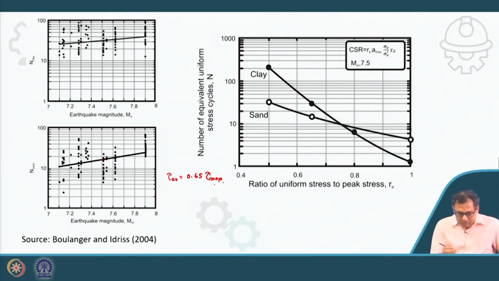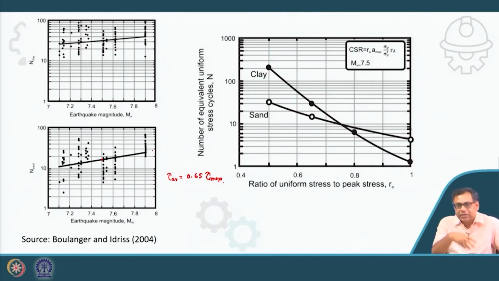You can check for another one. If it is magnitude 8, for sand it will be around 30, but for clay it will be around 45, 46. For 7.5, it is less than 30 actually, 28, 27.